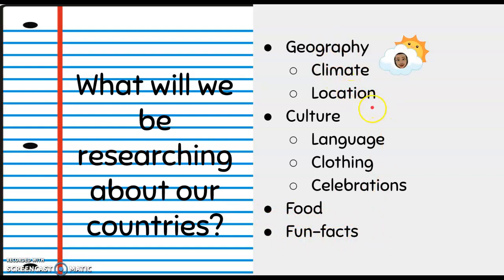Geography is talking about the climate. What is the temperature in the country? What is the weather usually like? Is it usually sunny there? Is it usually very cold there? Also, where is it located? Is it near another country? Is it in between 2 countries? Is it on an island all by itself? Is it in the north? Is it in the south? Where is it located? So that's geography. That's what we're going to talk about in that section, okay?